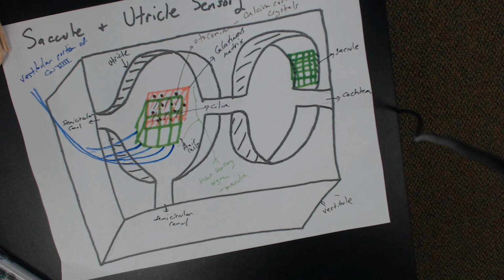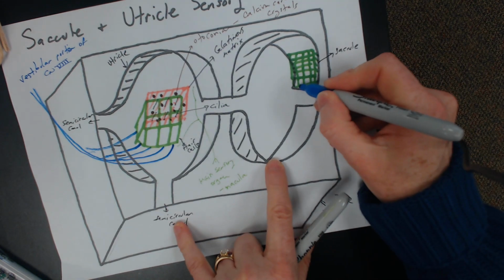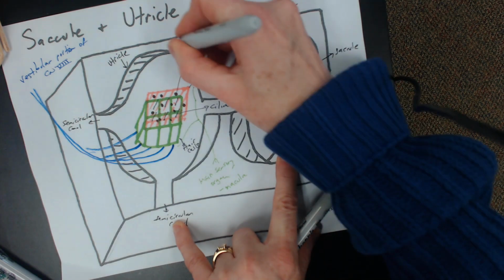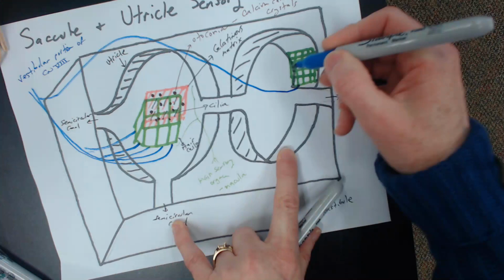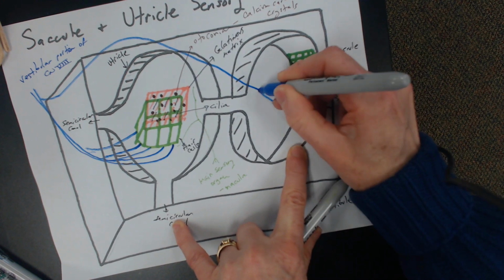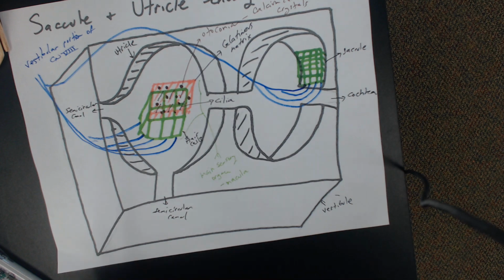And coming out of the bottom of the hair cells are the axons that are going to hook up with the vestibular portion of the 8th cranial nerve, right? Same thing, but on the other side.